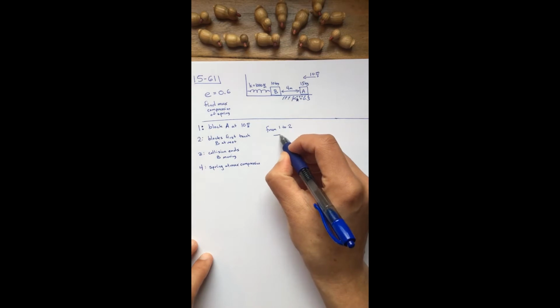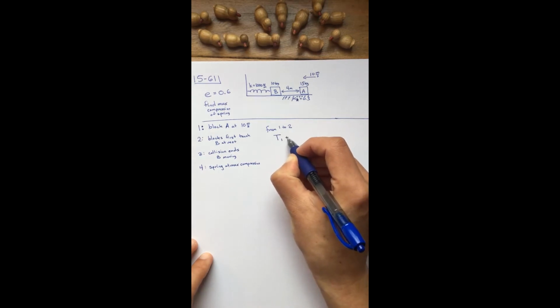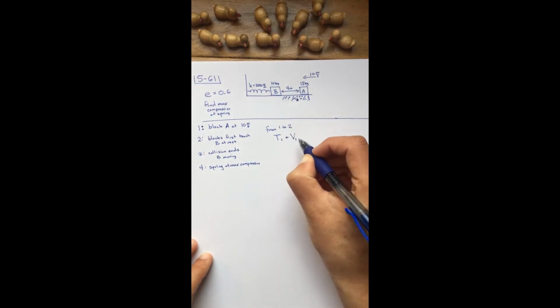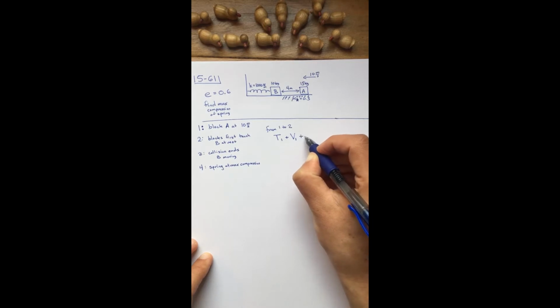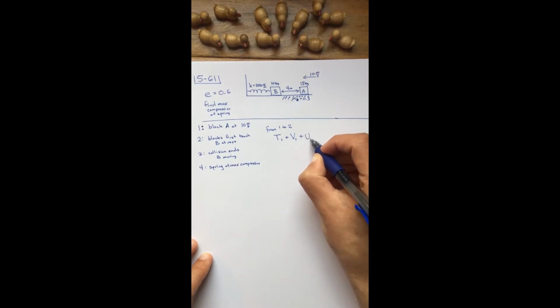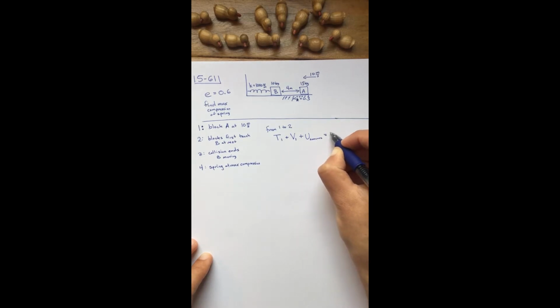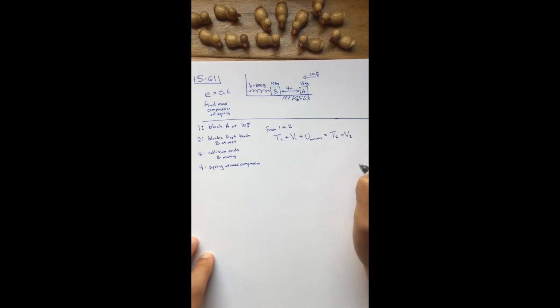So I have the initial kinetic energy plus the initial potential energy plus the work done by forces other than the force of gravity and the force of the spring is equal to the final kinetic energy plus the final elastic potential energy.